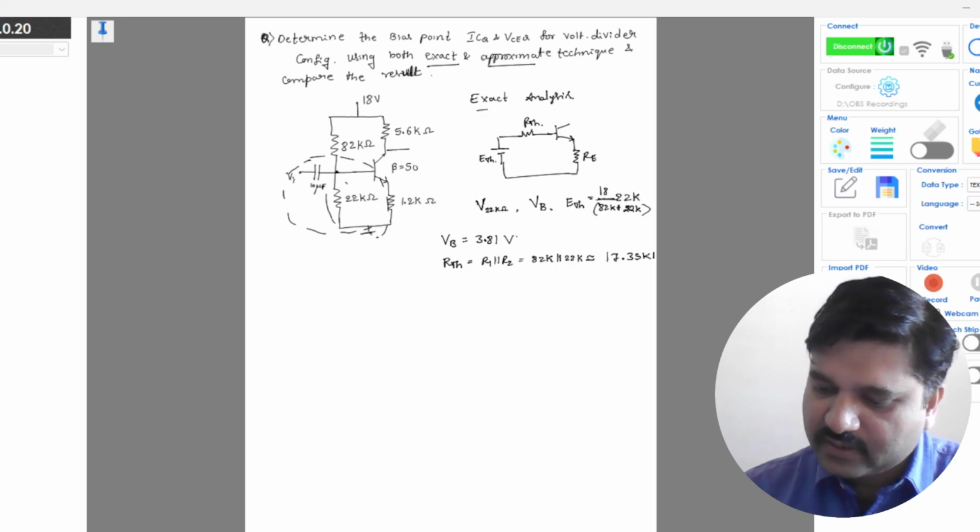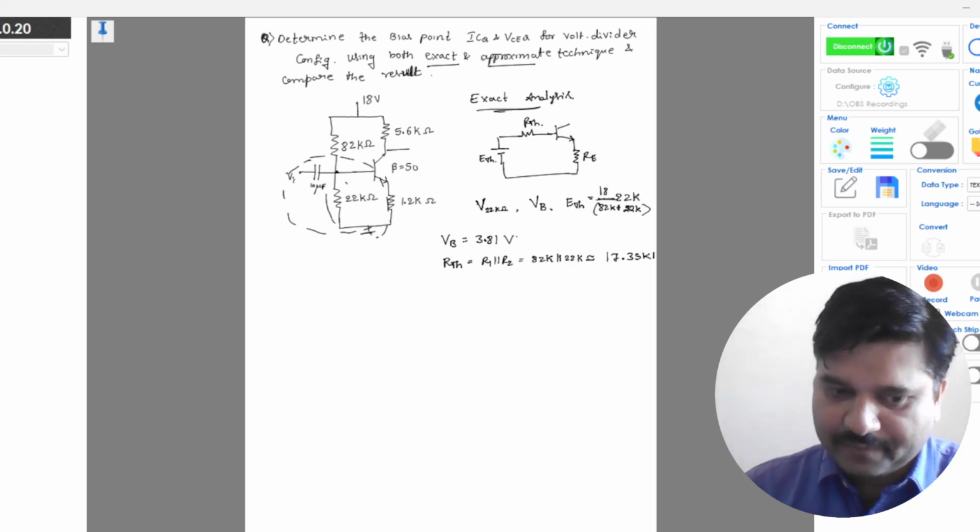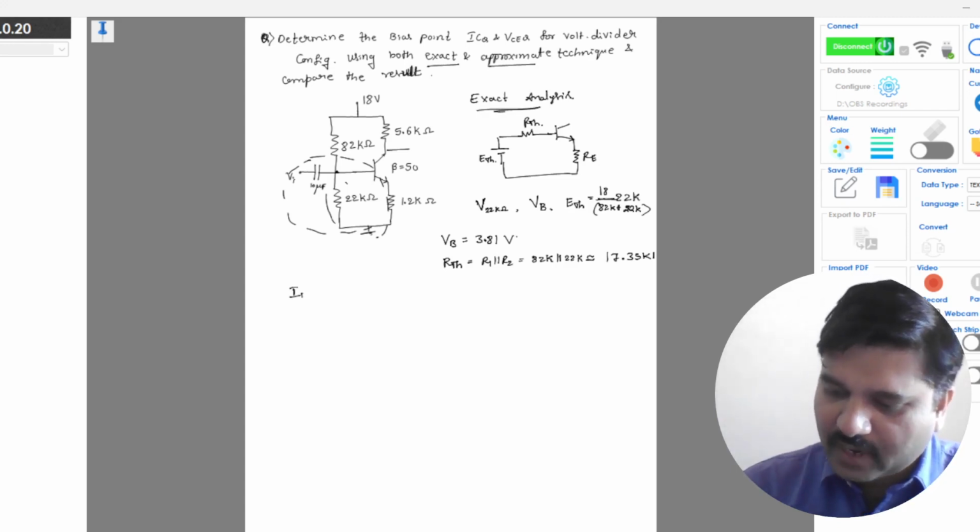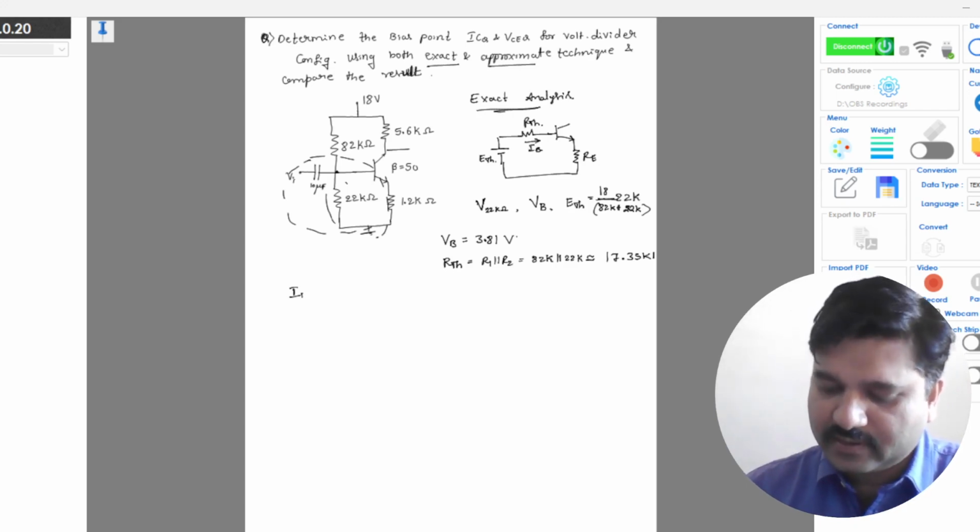In the exact analysis, we calculate the value of IB, the current flowing through the base of the transistor.